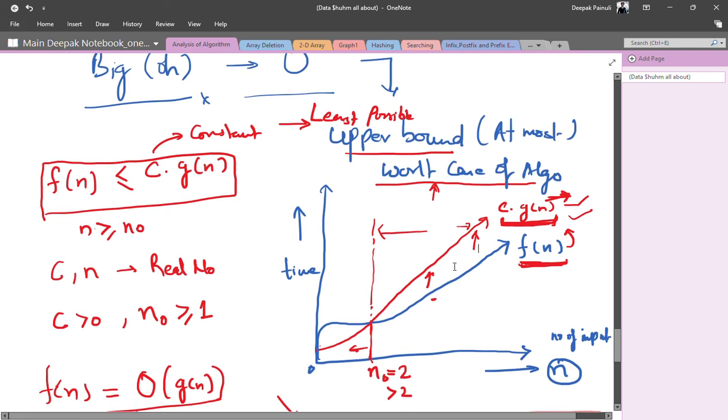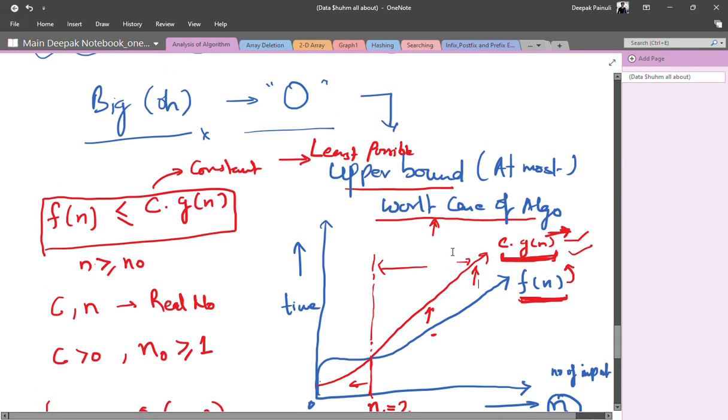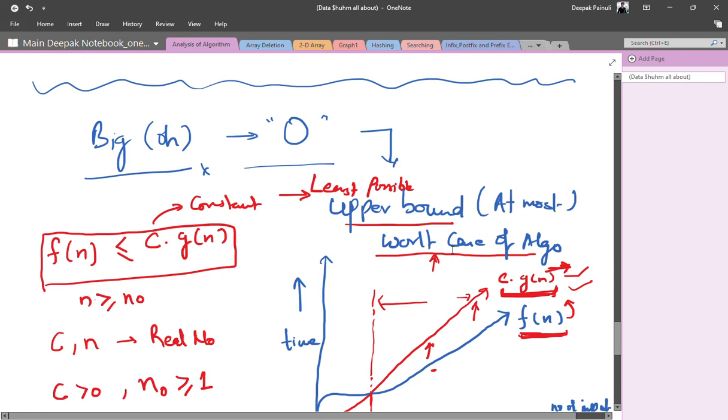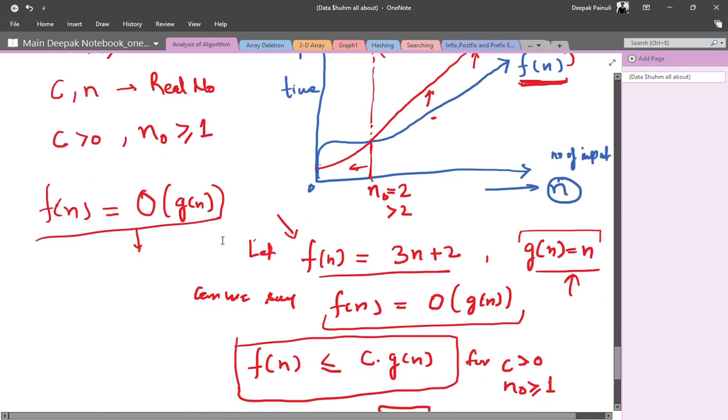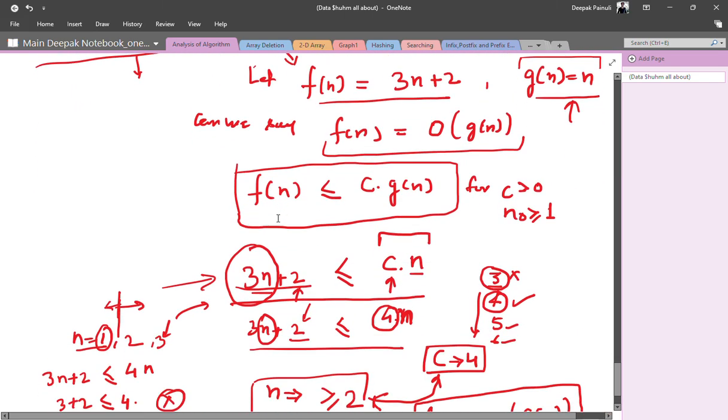So for being an upper bound or big O notation of any function, you need to know that that function should be greater than your original function, right? So here we prove by example. Let us take an example.